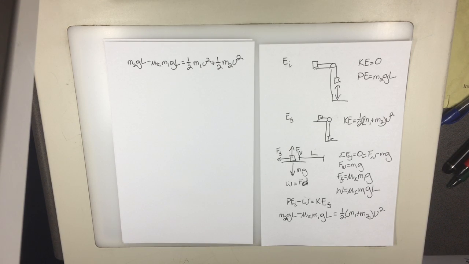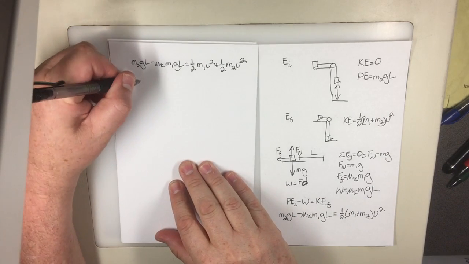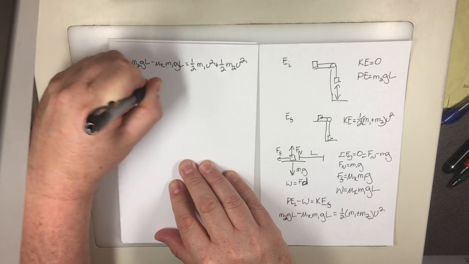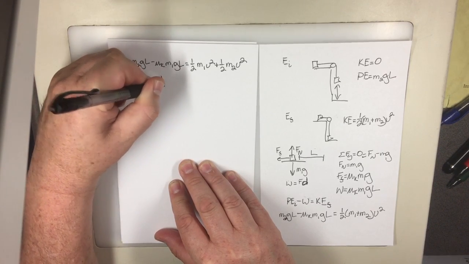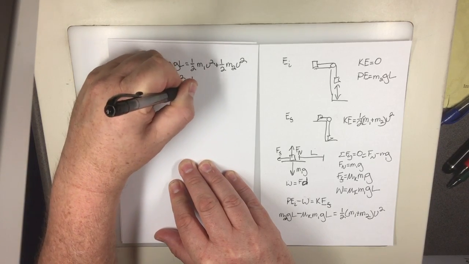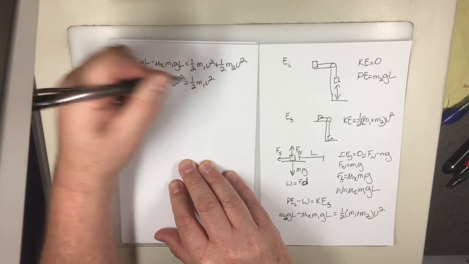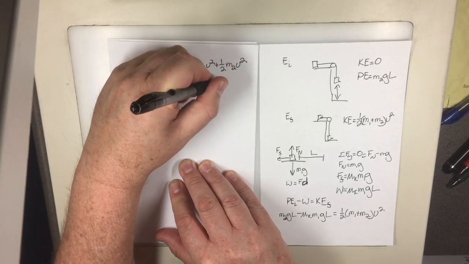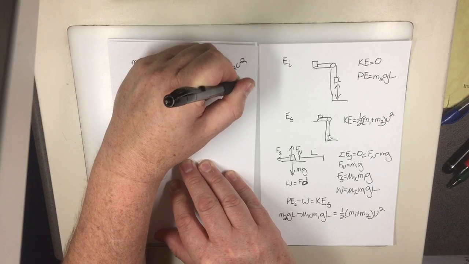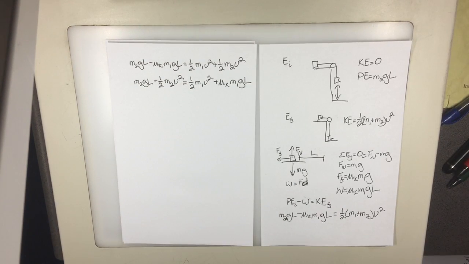They both travel at the same rate. This means that M2gL minus 1/2 M2 V squared is 1/2 M1 V squared plus mu sub k M1gL. Just getting all my M1s and M2s on their respective sides.